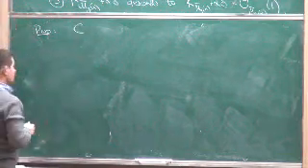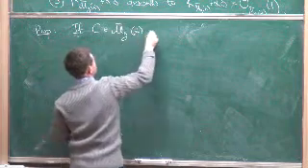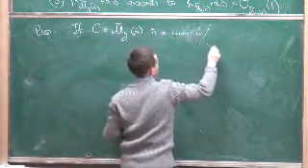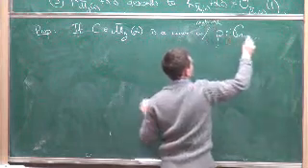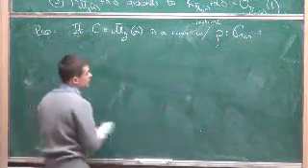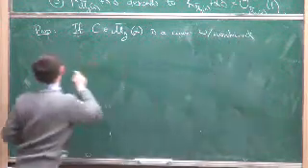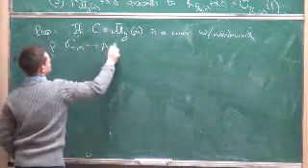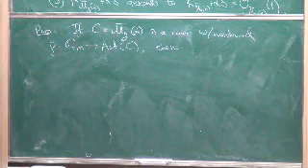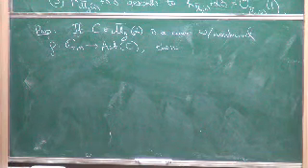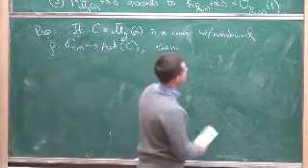Assuming the modularity principle, if C in M_g of alpha is a curve with a G_m action, I'll write this as rho, a non-trivial map from G_m to the automorphism group of the curve, then... okay, I ran a little bit ahead of myself, and I apologize.